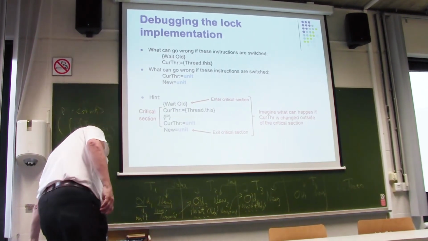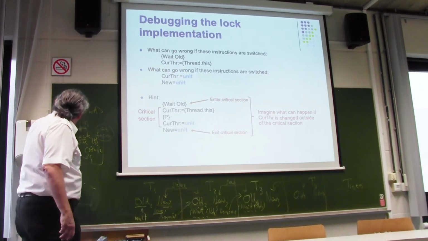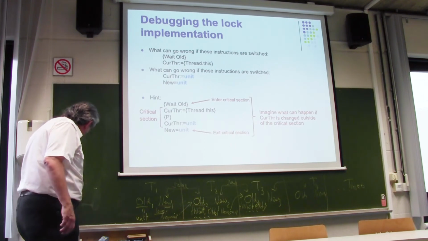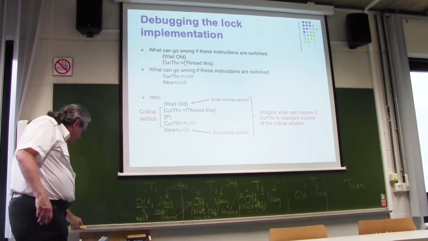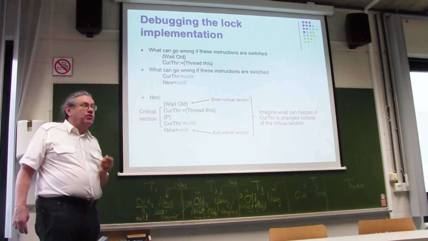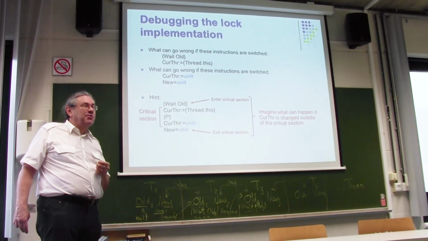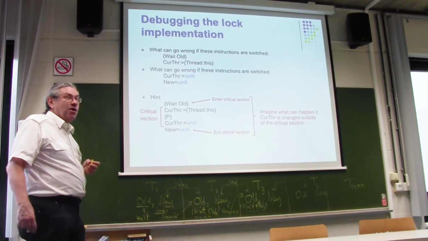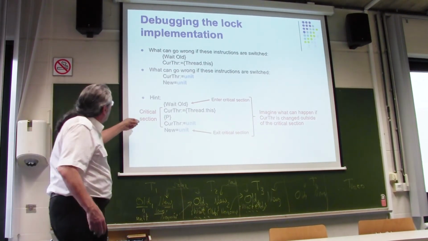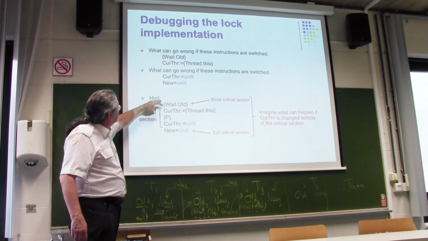And let me give you some hints on that, because debugging concurrent programs is very hard. Have you already followed the course on shared-state concurrency? So you have some idea that it's hard, huh? Debugging concurrent programs. So here, what happens if I switch these two?